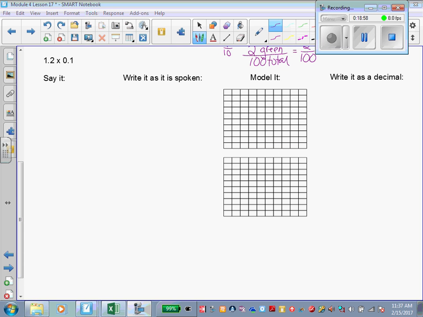Okay. So this one, we've already noticed, is different from the other ones because it has a whole number here. So I'm going to say it incorrectly. I want somebody to correct what I say. 1.2 times 0.1. Who can correct me?